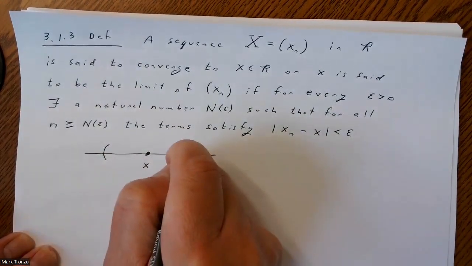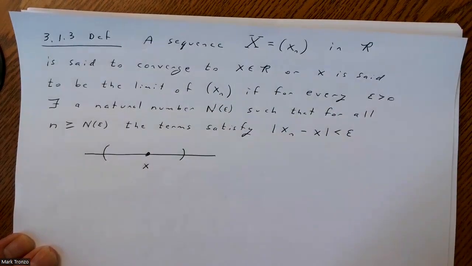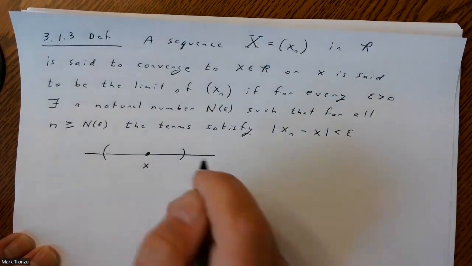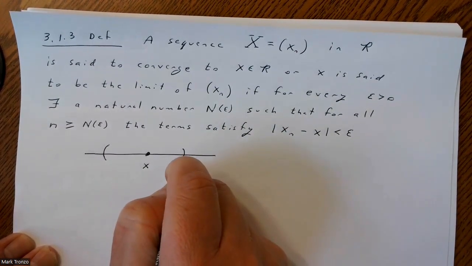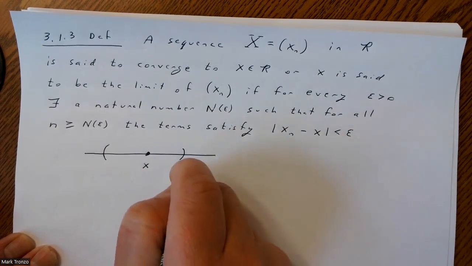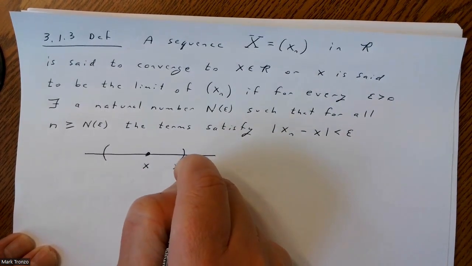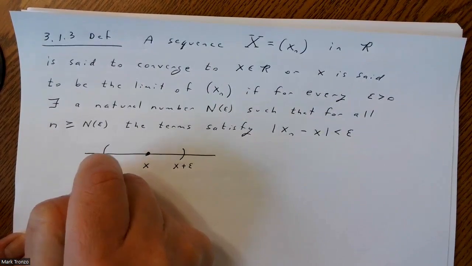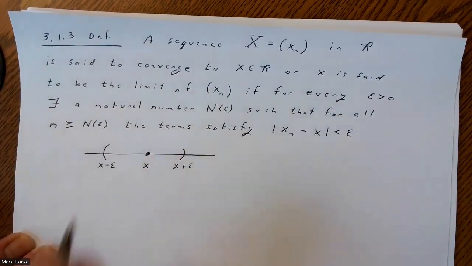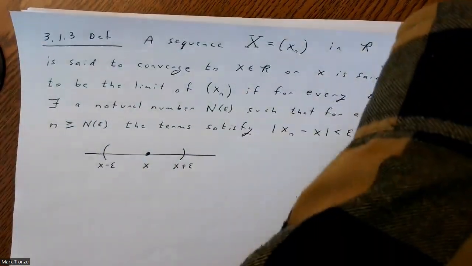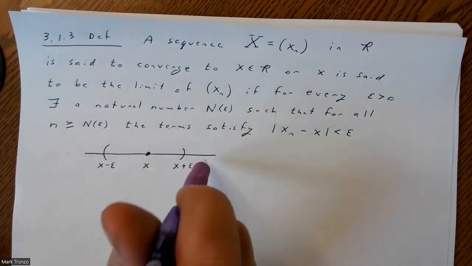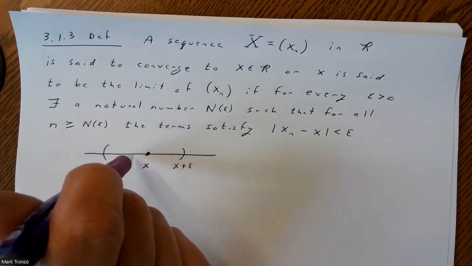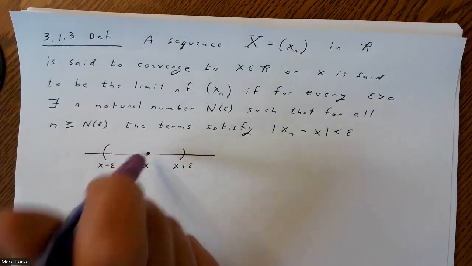This is going to indicate what they sometimes call a neighborhood, like this, where this is going to be x plus epsilon and x minus epsilon. So you have your sequence, they could be points, falling somewhere around here. Then they start getting closer and closer to x.